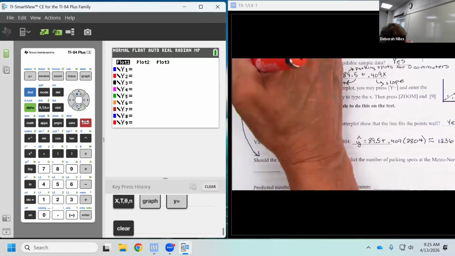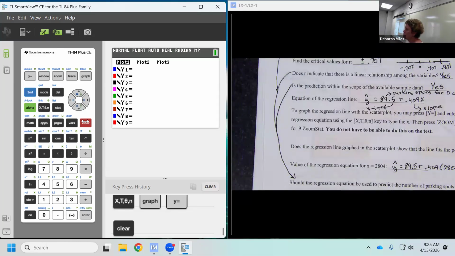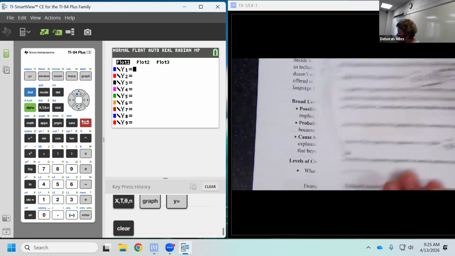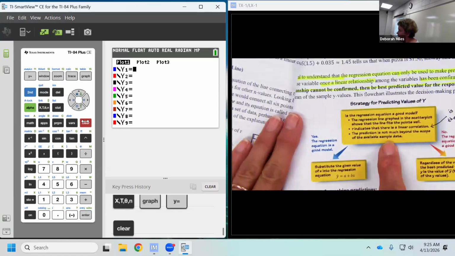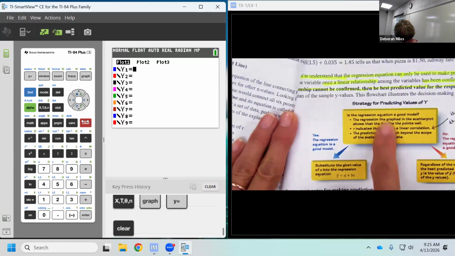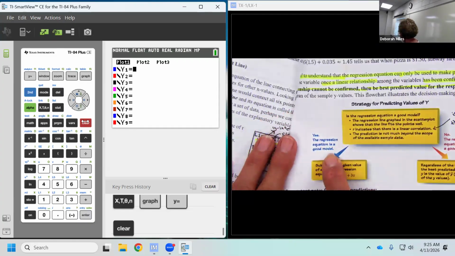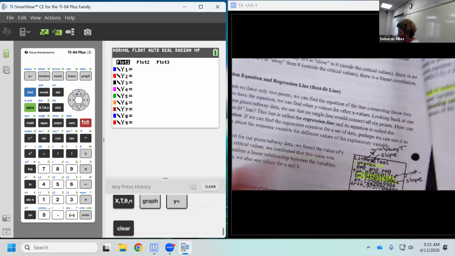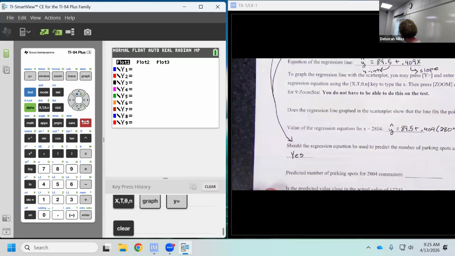Those three yeses are the things that were in our flow chart here. If we answer yes to all of those, then yes, we can use the regression equation. So, yes.